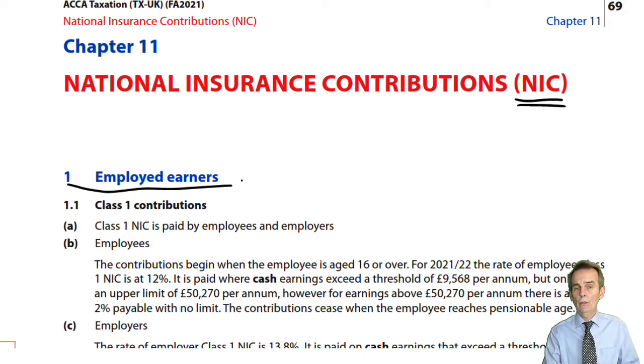But the ones that we will concern ourselves with here are Class 1 for employee and employer, and thereafter for the self-employed, the unincorporated trader, both Class 2 and Class 4.